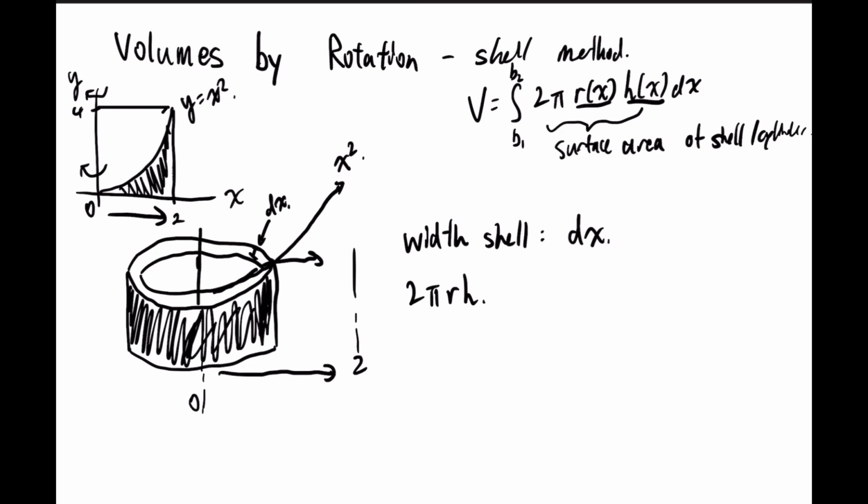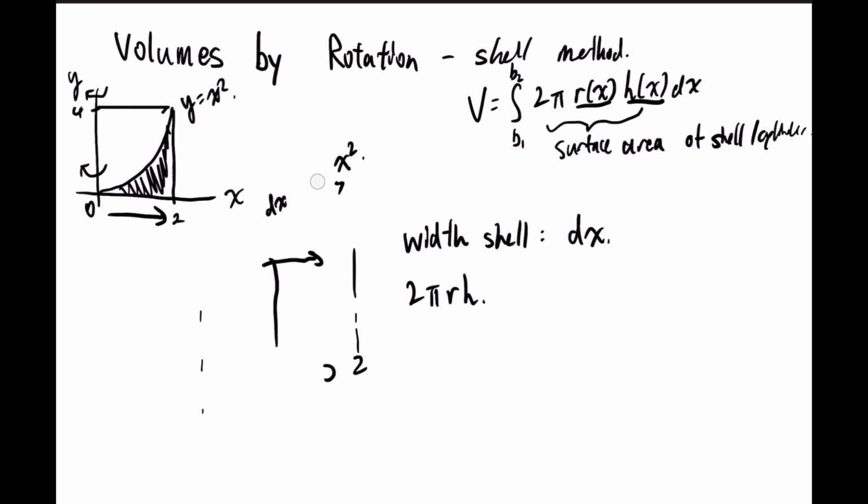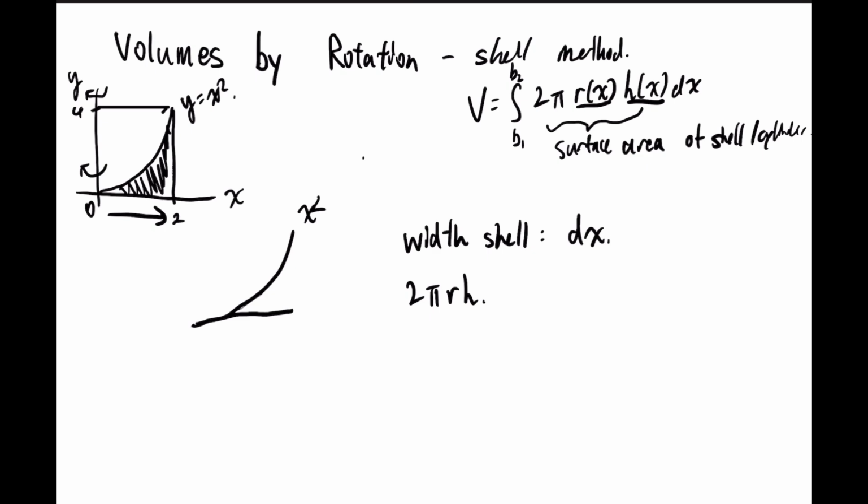The radius from the center is pretty easy, right? At any arbitrary point in the shape, your radius, or your distance from the axis of rotation, in this case is just x, right?